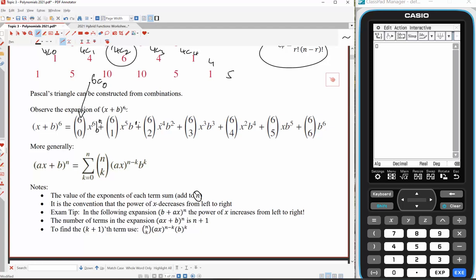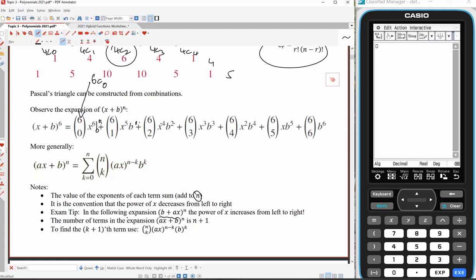Convention is that the power of x decreases from left to right. To the 6, to the 5, to the 4, to the 3, to the 2, to the 1, to the 0. But if we're doing this expansion here, what will happen is the power of x increases from left to right. That is, it'll start at the smallest, then get bigger and bigger. So just watch the position of the x.